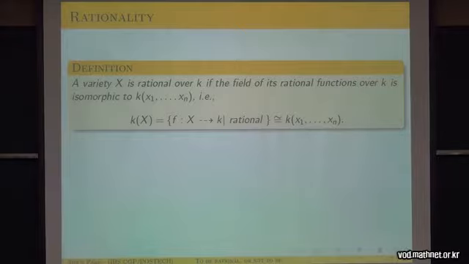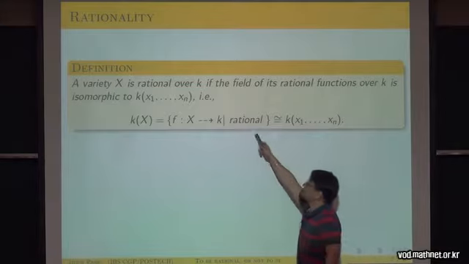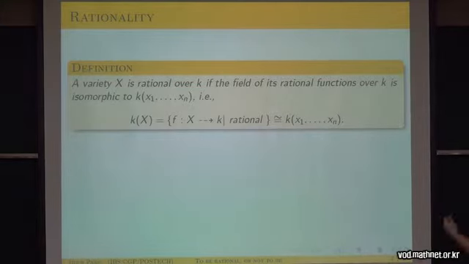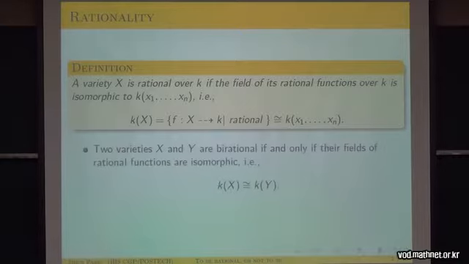The field of rational functions of the variety over K is defined in this way: the set of all rational maps from X to K, the one-dimensional affine space. That's the field of rational functions. If the field of rational functions is isomorphic to the quotient field of the polynomial ring, then we say X is rational.